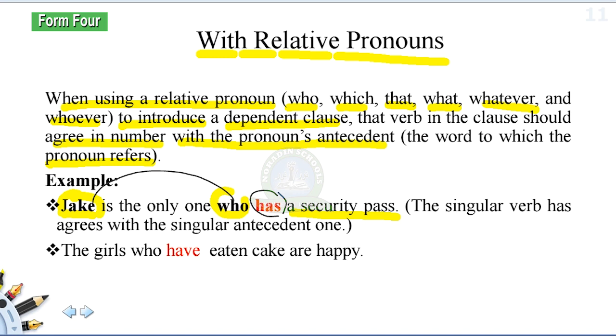Another one: the girls is plural. Who? So what does who stand for? Who is standing for girls. So we're going to use have, because girls is plural, so who becomes plural. The girls who have eaten cake are happy.